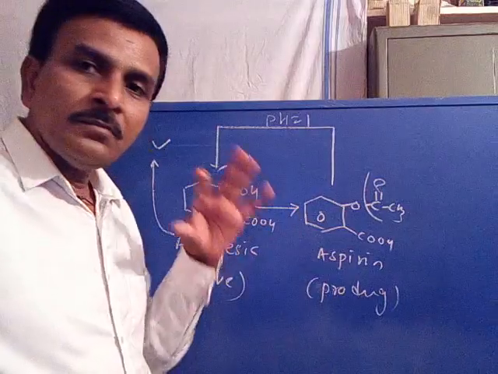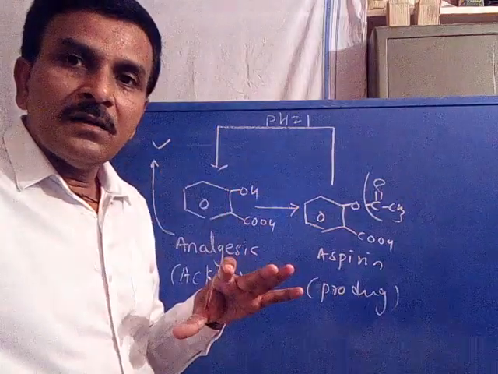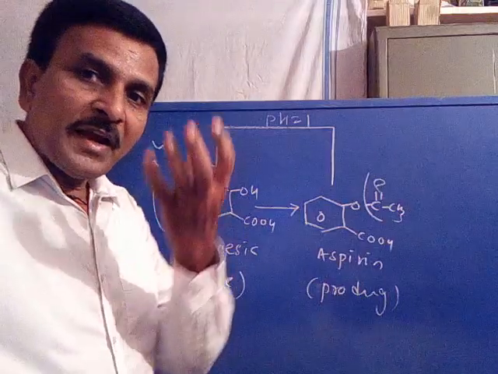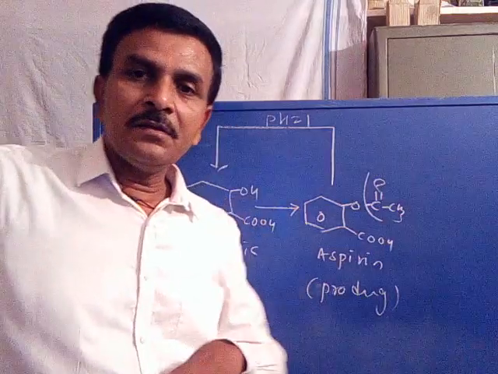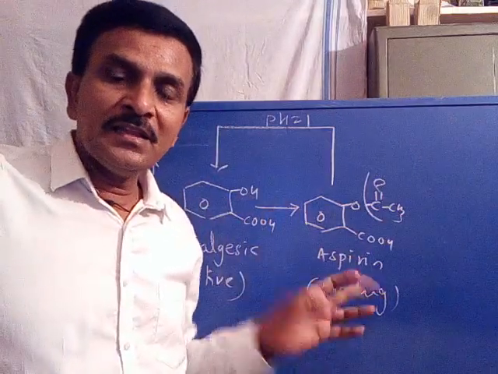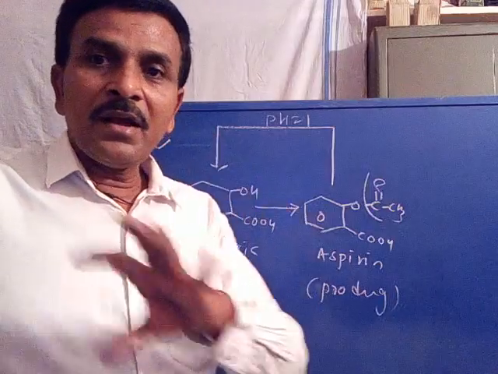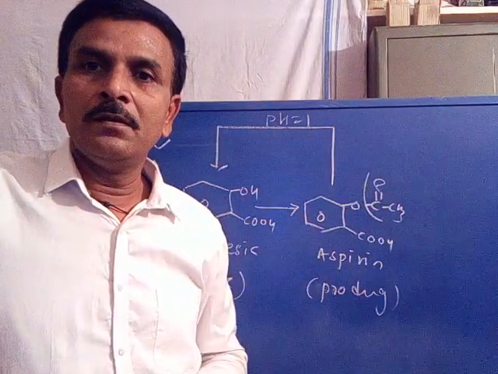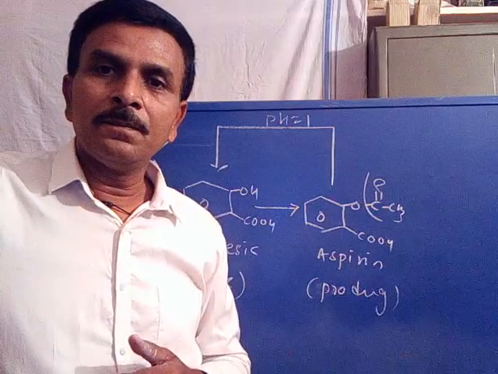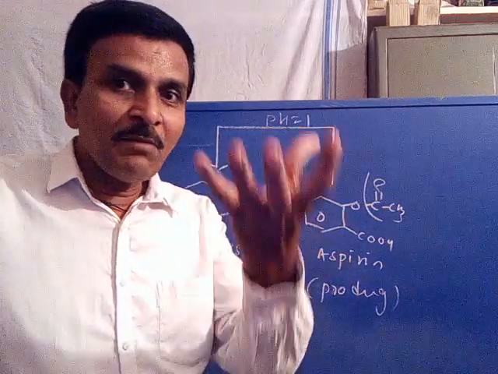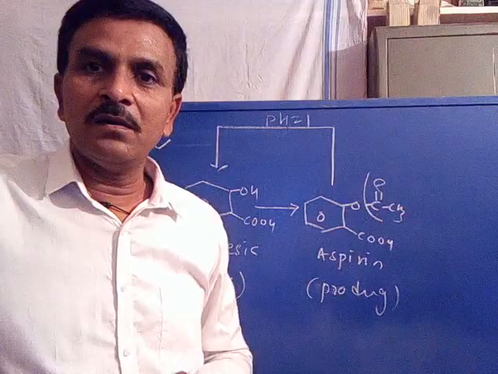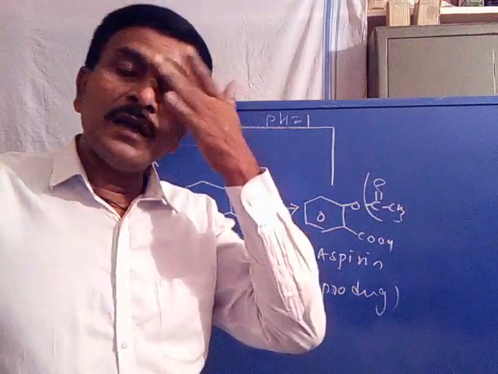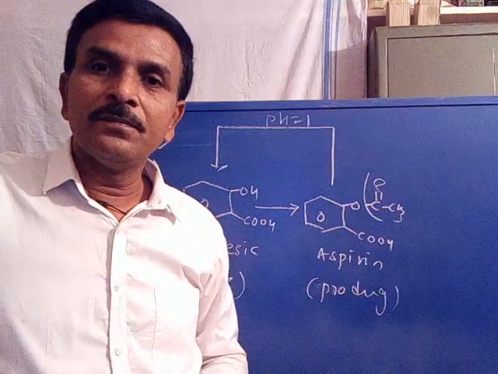Now, the analgesic drug salicylic acid is applied in inactive form at the time of application, that is, in the prodrug form. We are not eating salicylic acid, we are simply taking aspirin. Aspirin is an inactive drug, a prodrug. At the time of application, it is a prodrug. When it reaches the gastric intestine, what happens? It is back converted into salicylic acid.